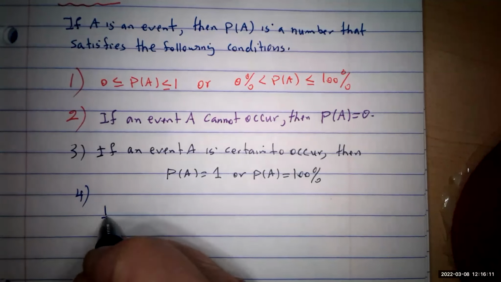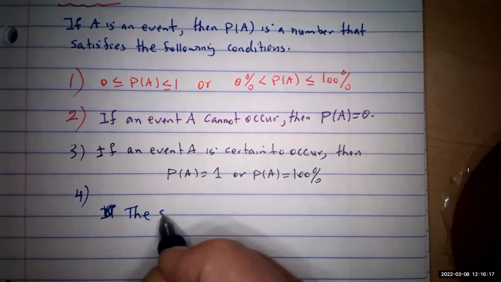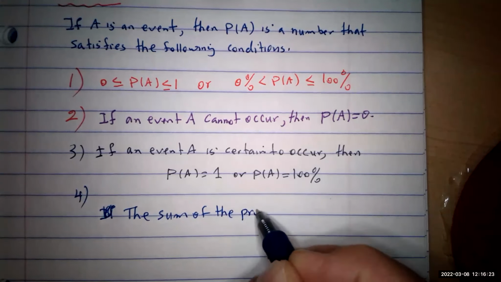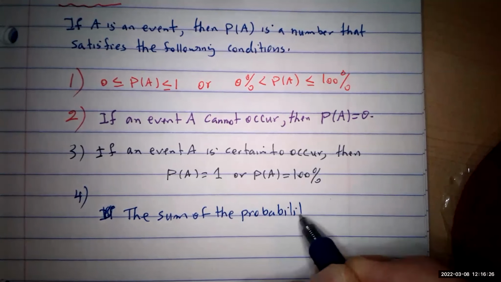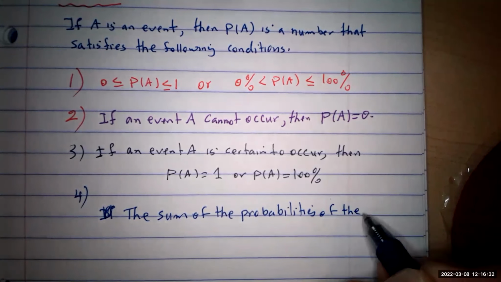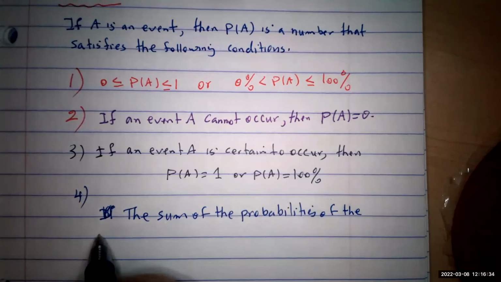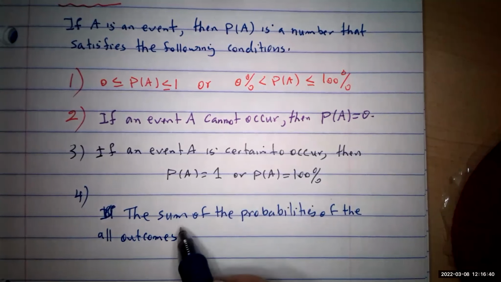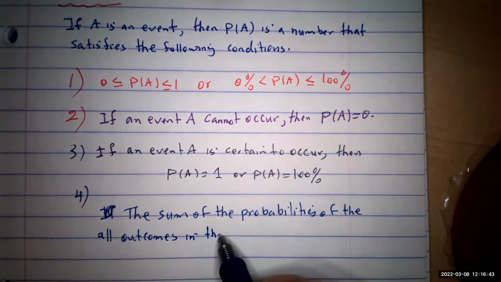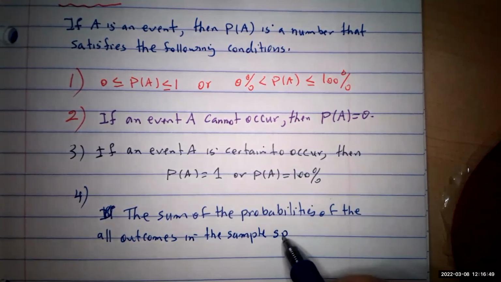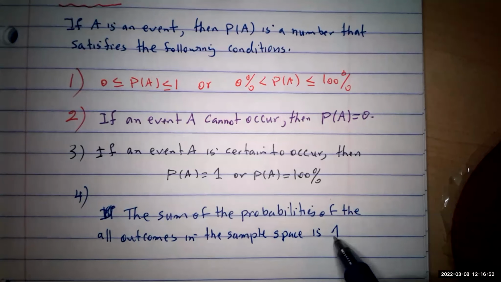We're going to use it in the future. So the sum of the probabilities of all the outcomes in the sample space is simply 1 or 100%.